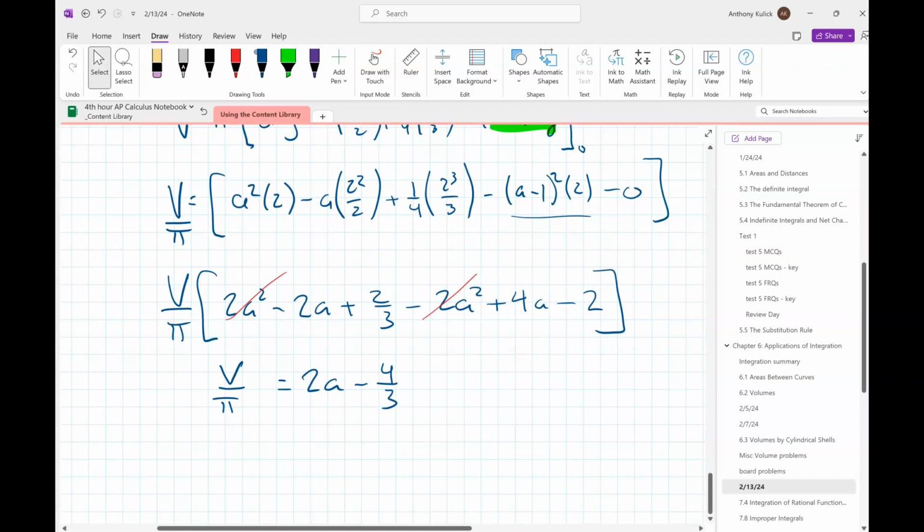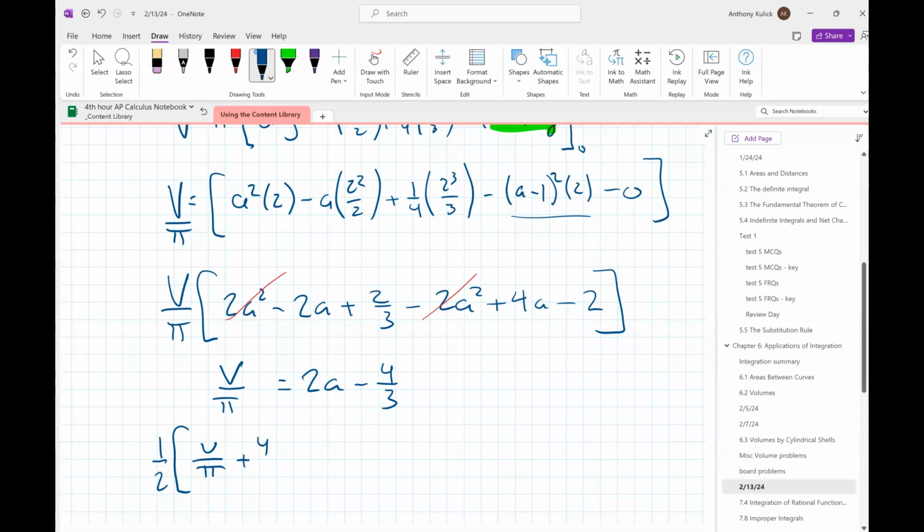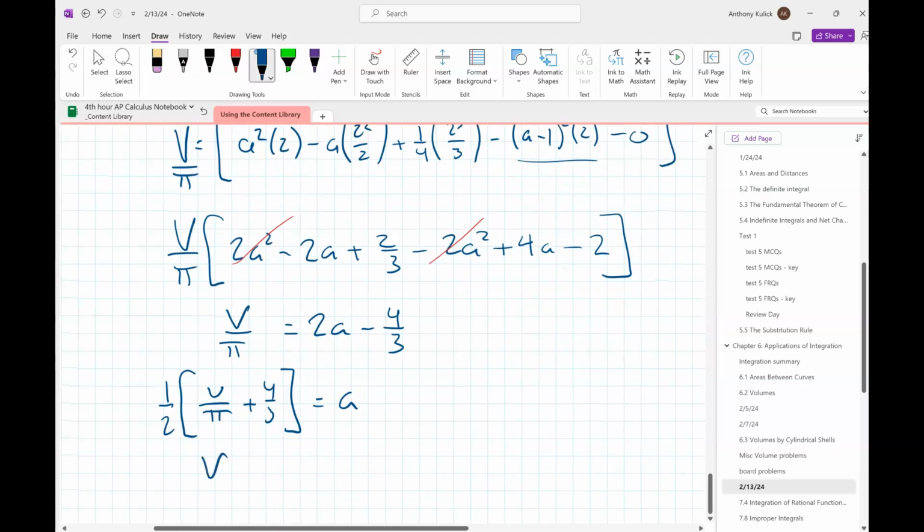So I'll add the 4/3 over and then multiply by a half. Looks right. Or V over 2 pi plus 2/3.